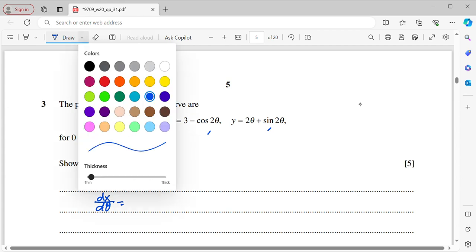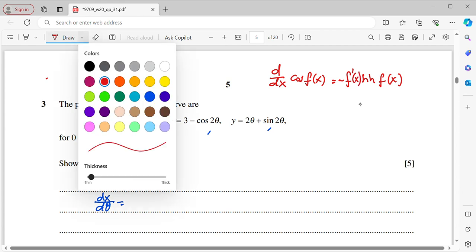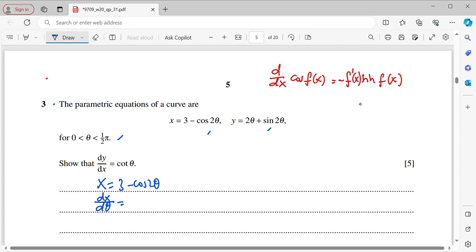We know that when you differentiate cos f(x), it will be negative sine f(x), then differentiate f(x), it will be f'(x). So you'll be getting negative f'(x) sine f(x). From here, I keep the minus, differentiate cos to get minus sine, rewrite the 2 theta. Now differentiate 2 theta, it will be a 2. Therefore, this is going to be 2 sine 2 theta.